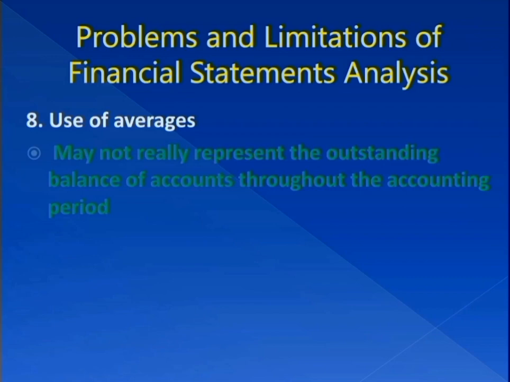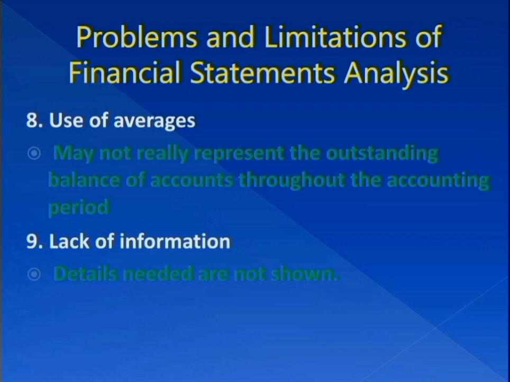Another problem is lack of information. Financial statements do not show all the details needed by external analysts in determining some ratios. For instance, the formula for accounts receivable turnover requires the use of the net credit sales.